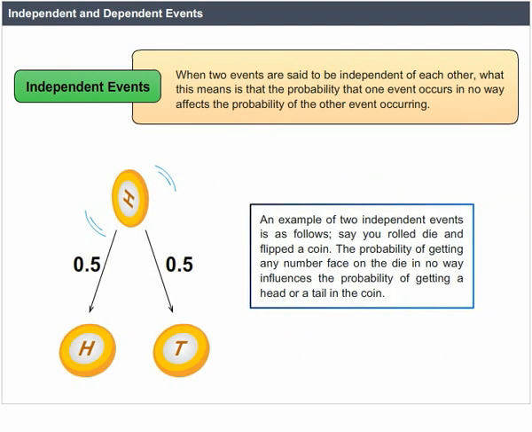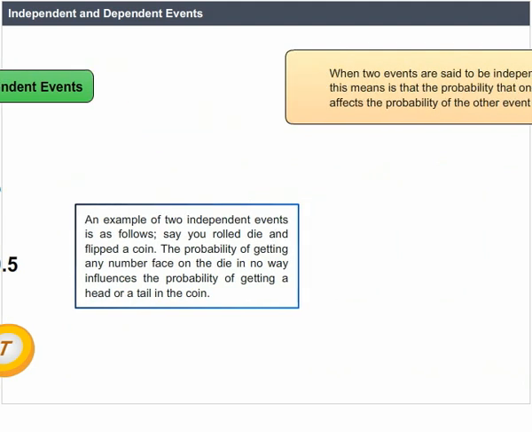An example of two independent events is as follows. Say you rolled a die and flipped a coin. The probability of getting any number face on the die in no way influences the probability of getting a head or a tail on the coin.